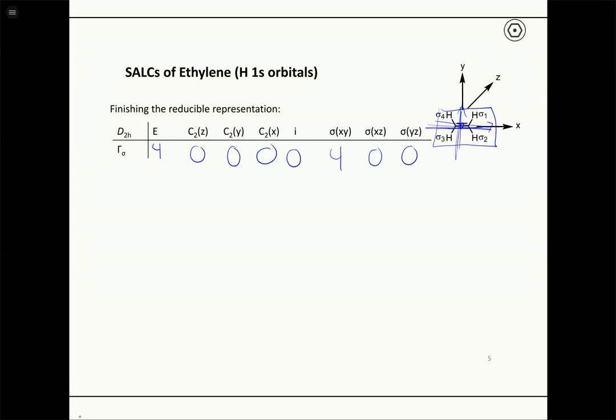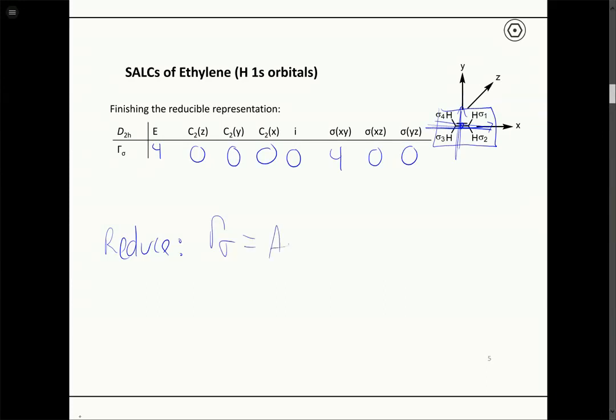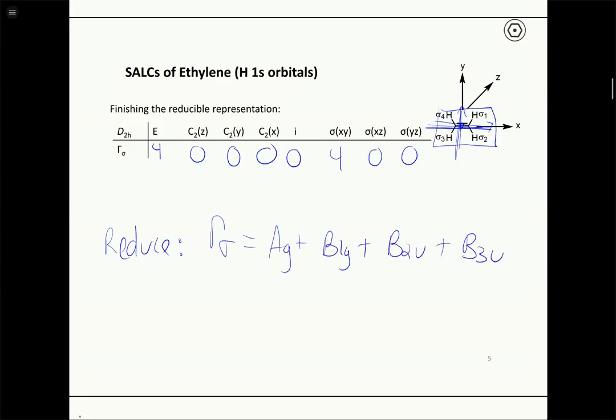So those are the set of characters that we get for this, and when we reduce this, we get Ag plus B1g plus B2u plus B3u. So we get 4 sigma SALCs, all singly degenerate.